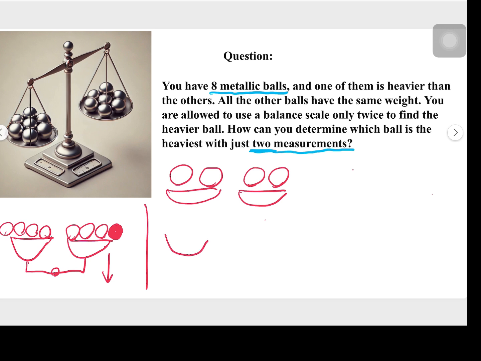You can take another two pairs, and one pair becomes heavier. Finally, you measure the last two balls and find the heavier one.